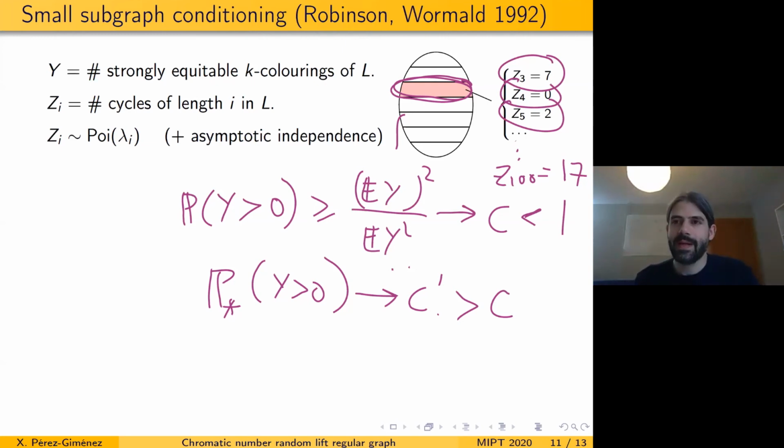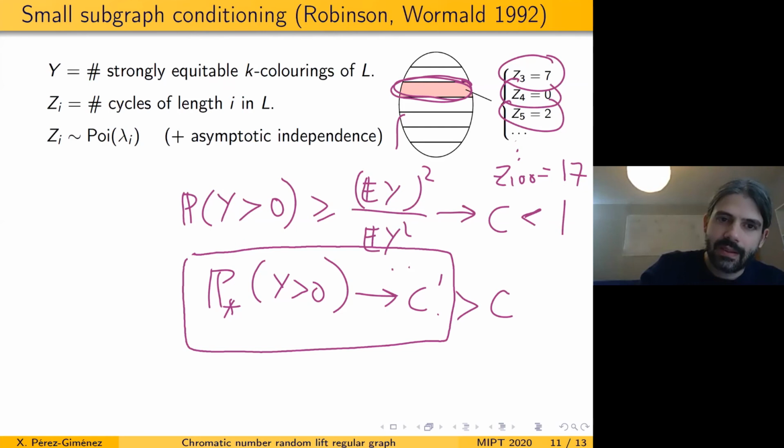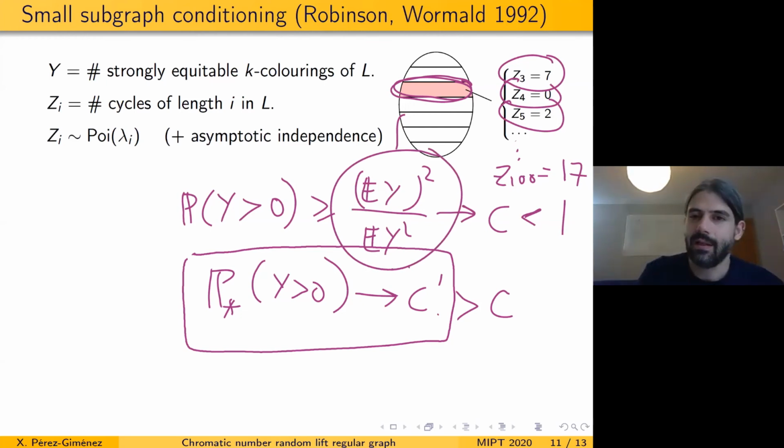And we can make it closer to 1 by making 100 large. So if you specify the short cycle counts up to length 100 or 1,000 or 1,000,000, and you condition on having exactly a certain number of triangles, 4-cycles, etc., then in this conditional space you can make this ratio as close to 1 as you want by conditioning on longer and longer cycles.